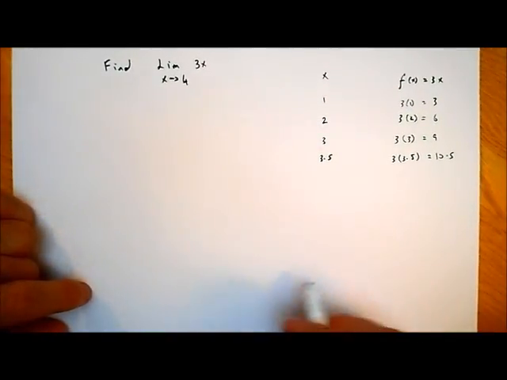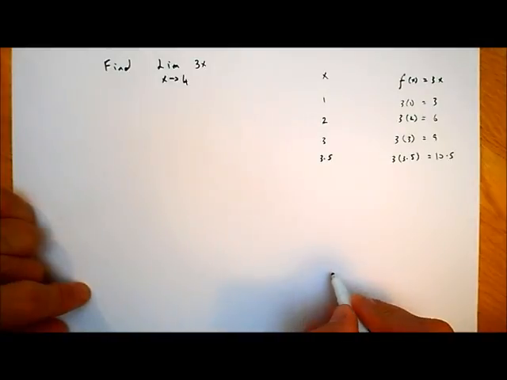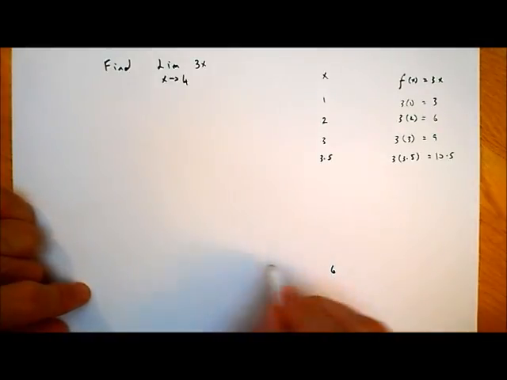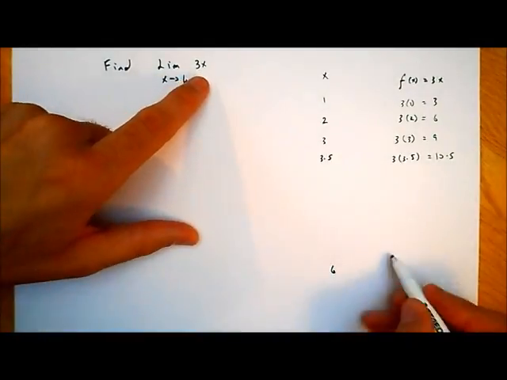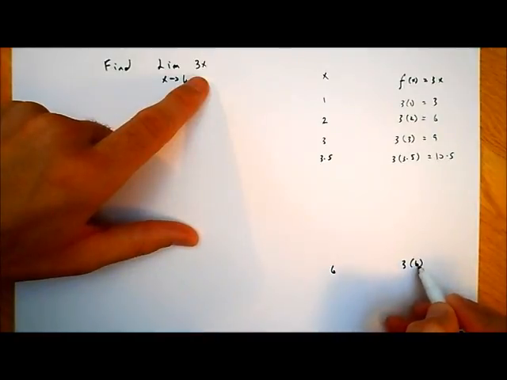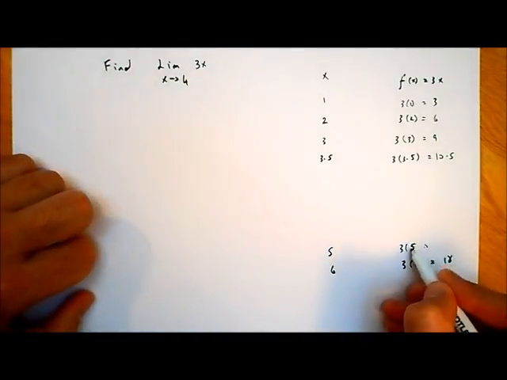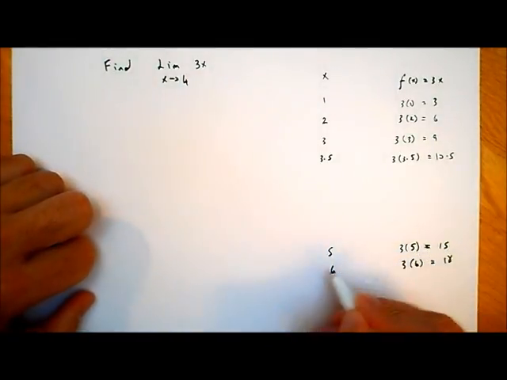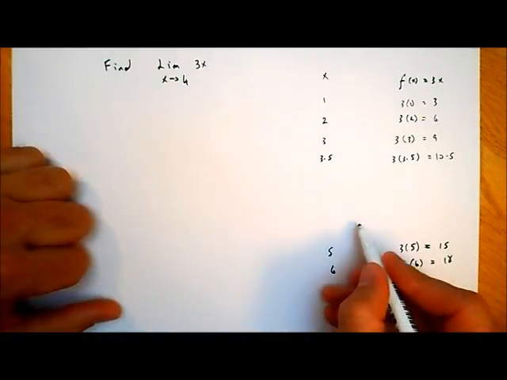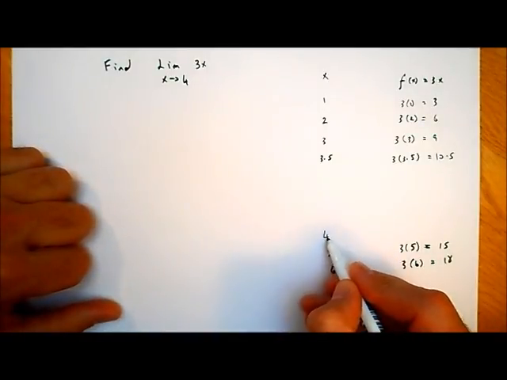Let's start off when x is 6. When x is 6, 3 times 6, the value of f of x would be 18. When x is 5, 3 times 5 is 15. x can never be 4, so we'll go 4.5.